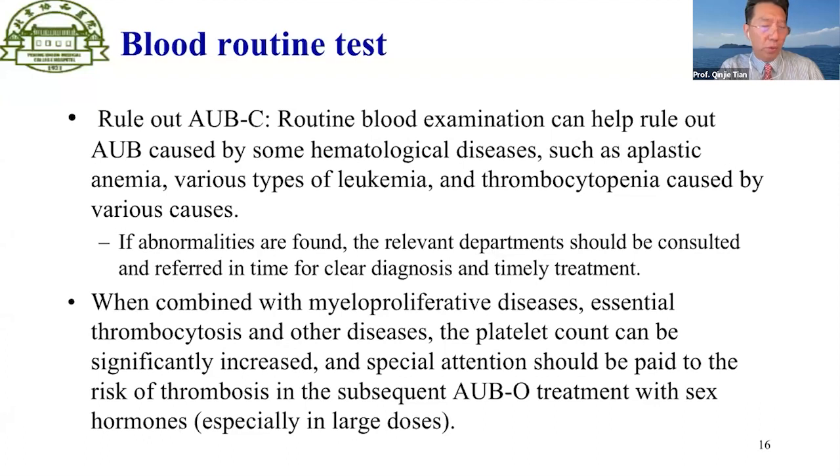In cases where myeloproliferative disorders or essential thrombocytosis are present, there may be significant elevations in platelet count. So it is crucial to exercise caution regarding the risk of thrombosis during the subsequent AUB-O treatment with sex hormones, particularly when administered in large doses.